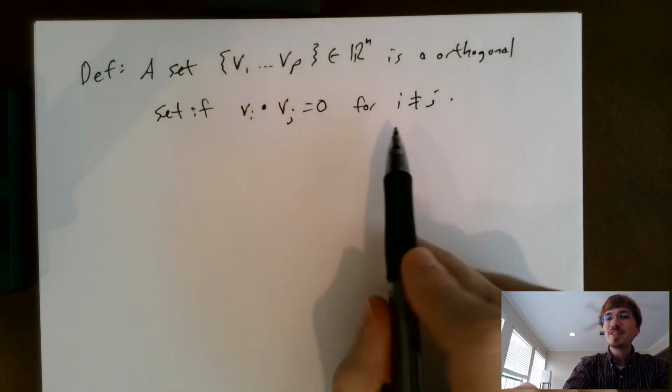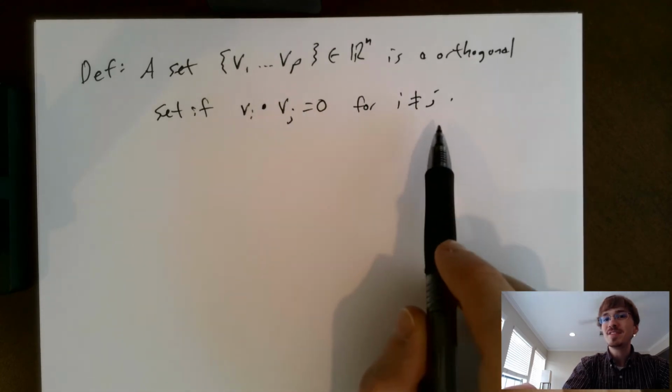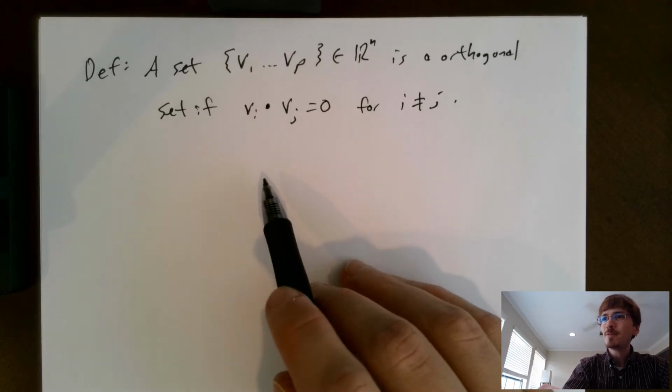So what does this mean? That means that if you pick any distinct pair of vectors in the set, their dot product must be 0. So they're pairwise orthogonal is what we say.